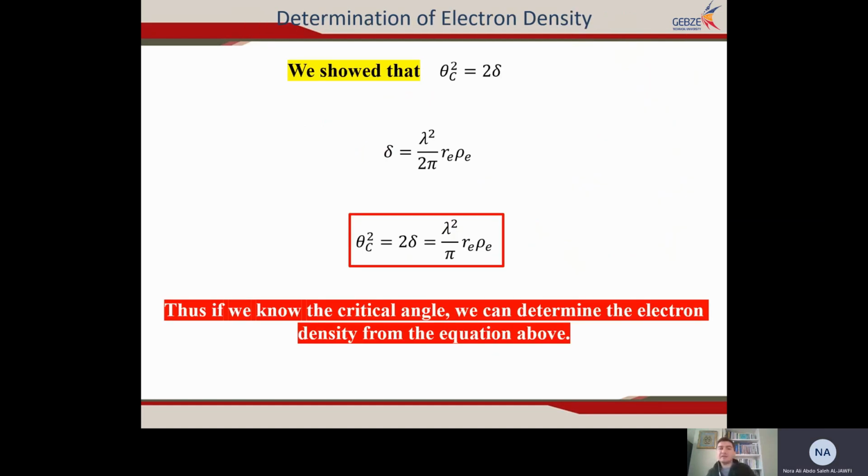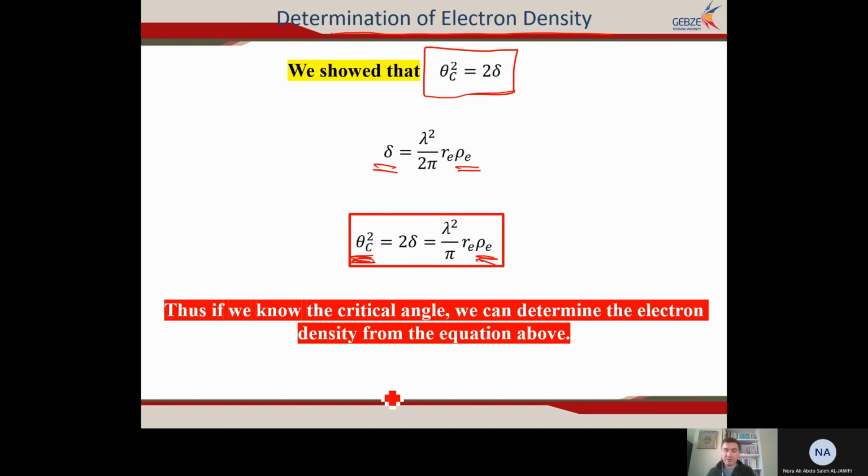Now let's discuss the determination of electron density from the X-ray reflectivity curve. We have already shown that the critical angle has this type of relation with delta, and delta includes electron density. Then I can write the relation between critical angle and electron density.